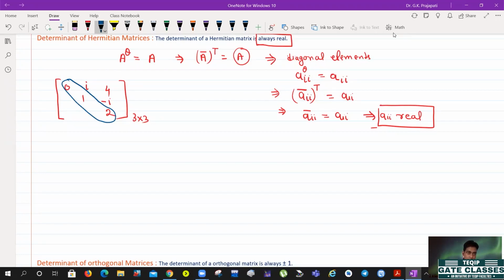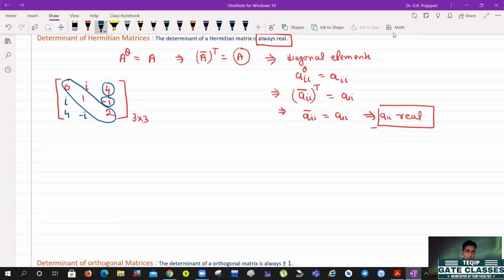So for the transpose we will take the mirror image of the elements above the diagonal, that is i, the mirror image of 4 is 4, the mirror image of minus i is minus i.